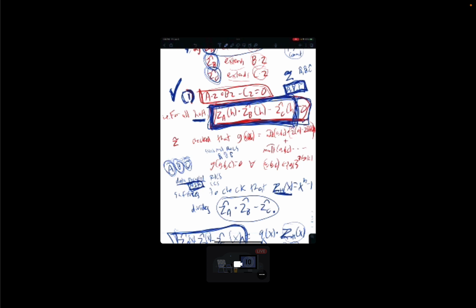I'm trying to remember Aurora. I remember the verifier was linear time, linear in the number of non-zeros in these constraint matrices, no matter what. And that must have been because whereas Marlin gave a sparse polynomial commitment scheme, Aurora must not have.